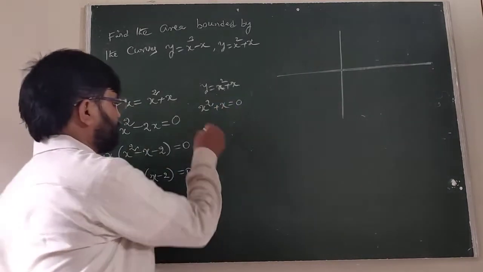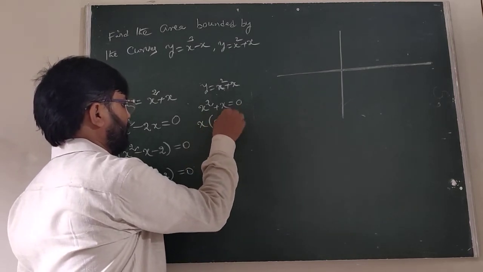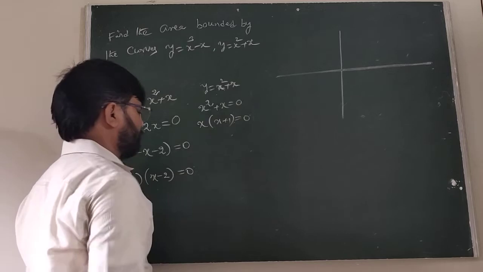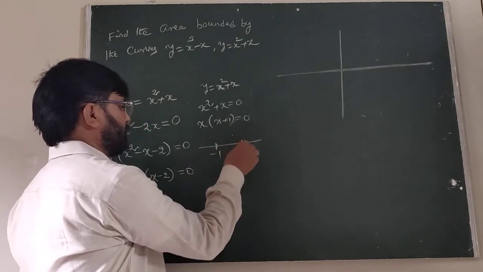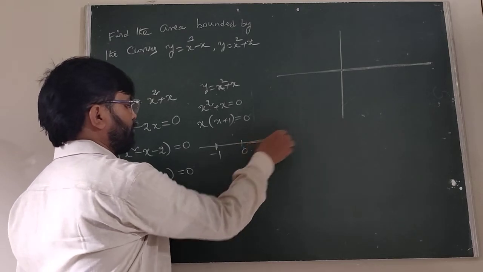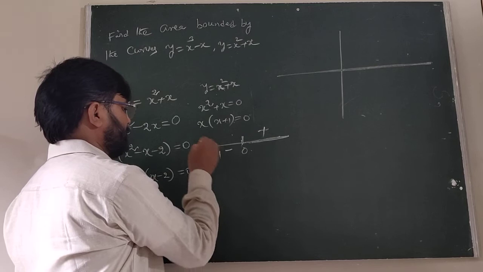Therefore x into x plus 1 equal to 0. By the wavy curve method, with points minus 1 and 0, the sign scheme is plus, minus, plus.